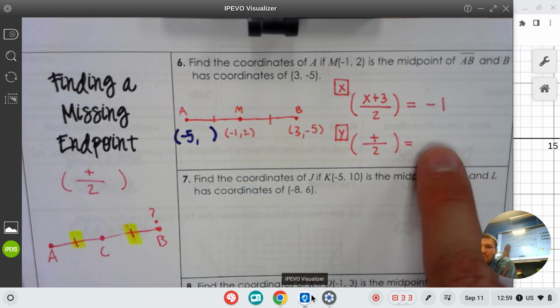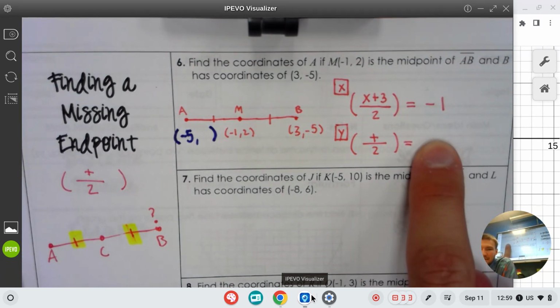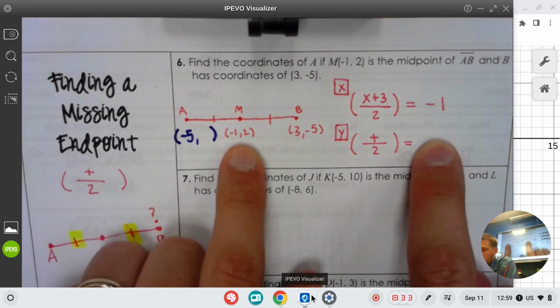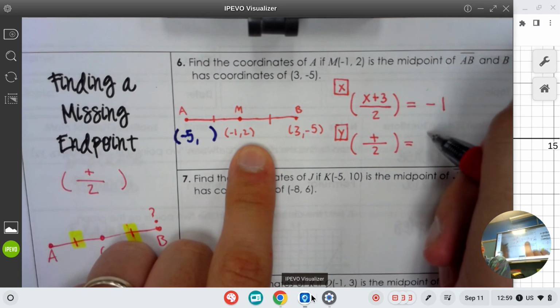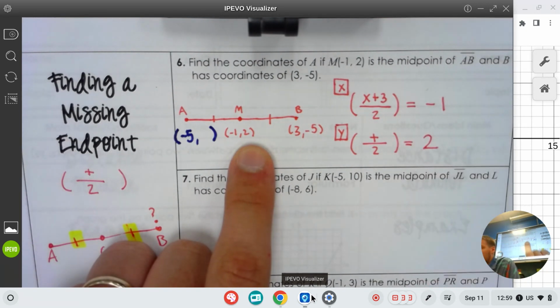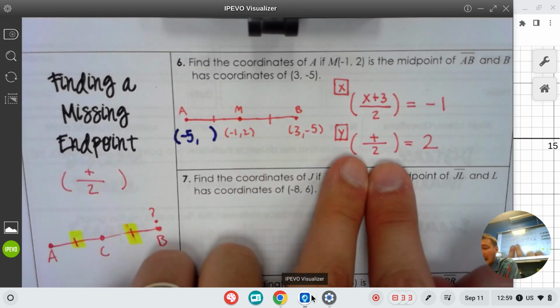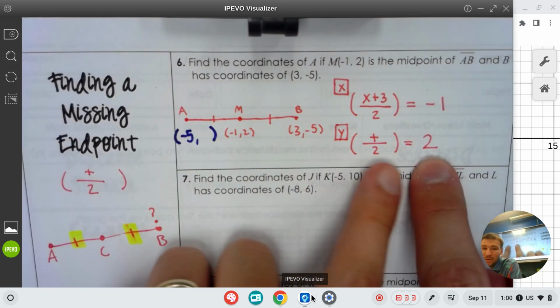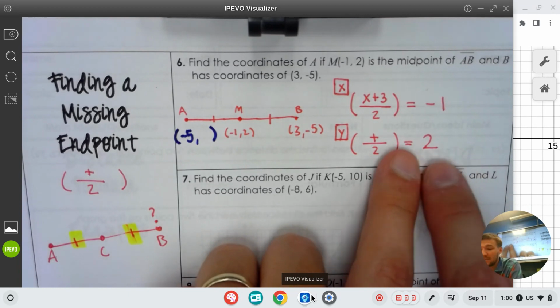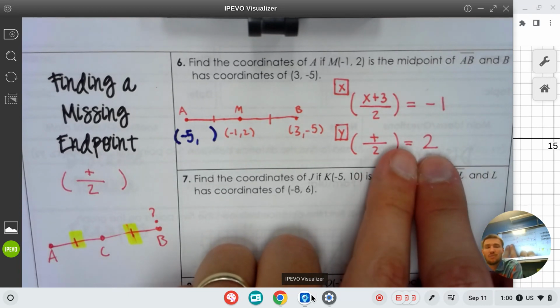What is the midpoint number for the y's? The midpoint number is a 2. And so that's why we're going to put a 2 here. Because when you add them together and divide by 2, it's going to tell you the midpoint, and we know the midpoint.